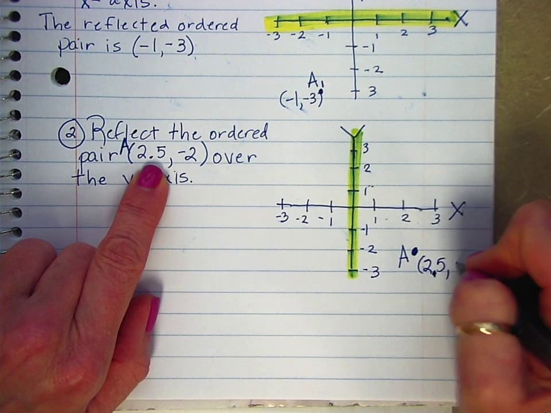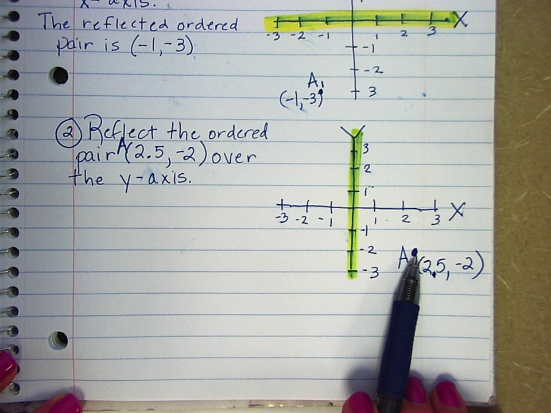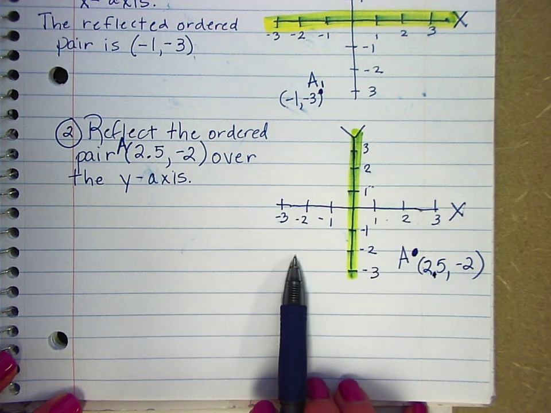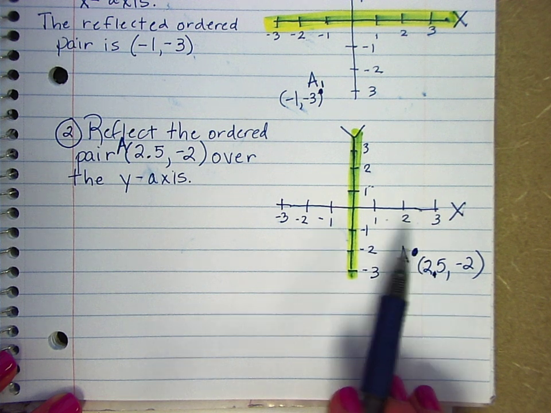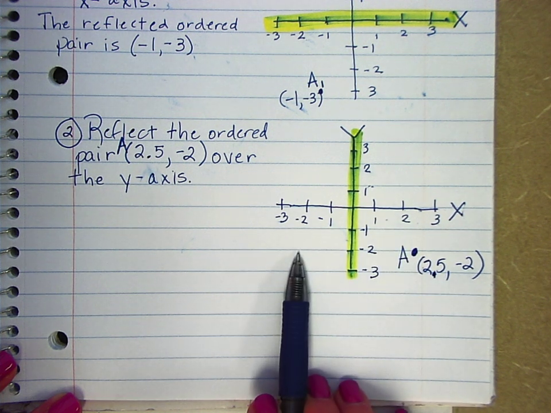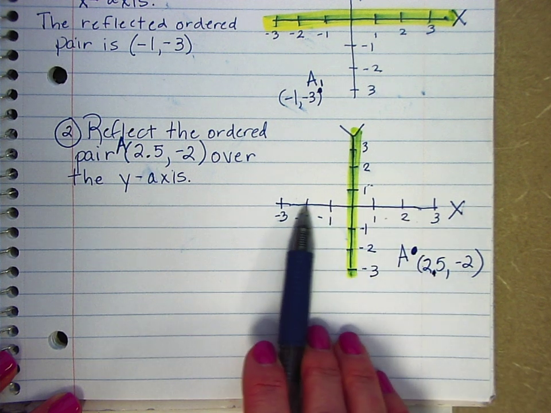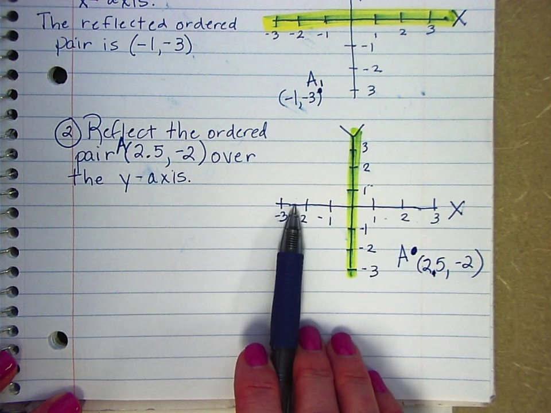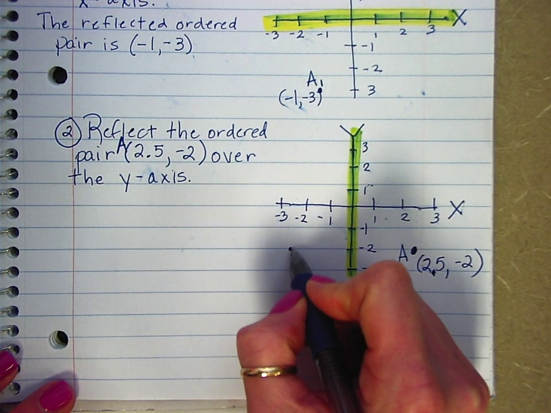Okay, so that's A, and that is 2.5, -2. Well, if I'm going to plot this over the y-axis, then it's going to go in this direction. Okay, because I'm plotting over top the y. Well, notice this is +2.5, so I'm going to go -2.5 and then down to the 2.